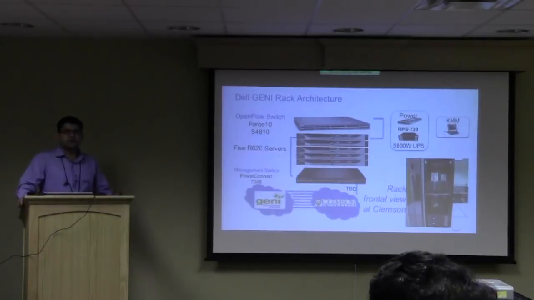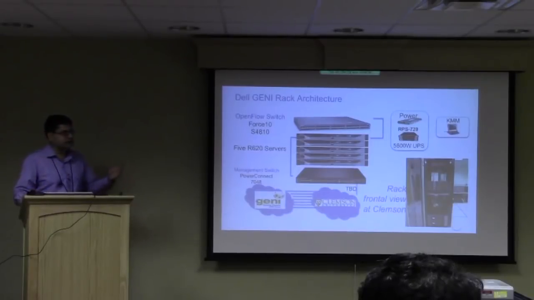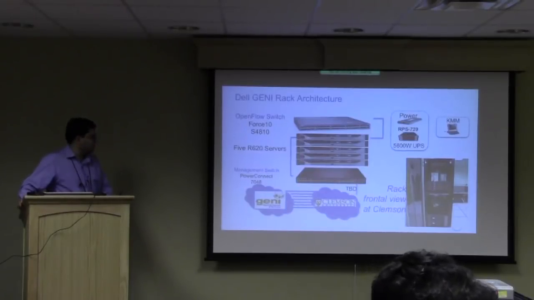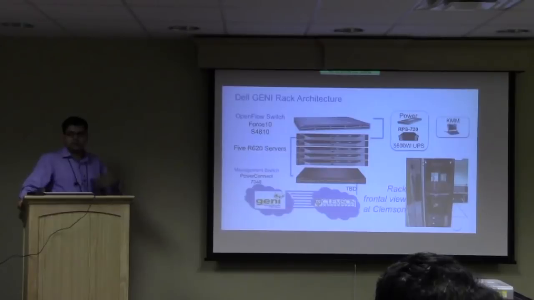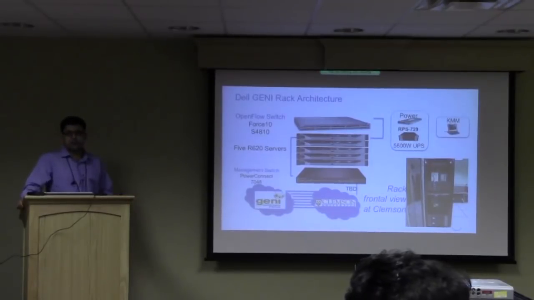The configuration of the servers is still in flux, in the sense that we can go either R620s or R720s, depending upon what the requirement would be. But we are starting with this configuration, at least to get ourselves tested and off the block. For the management switch, we have a PowerConnect that's either a 7048 or a 7024, which is basically a 24 port or a 48 port 1 gig switch. So that's what we are looking at.